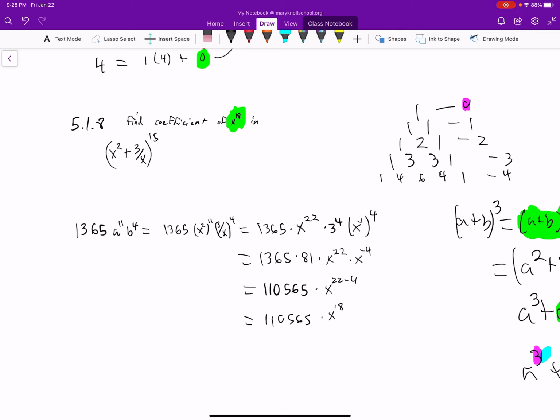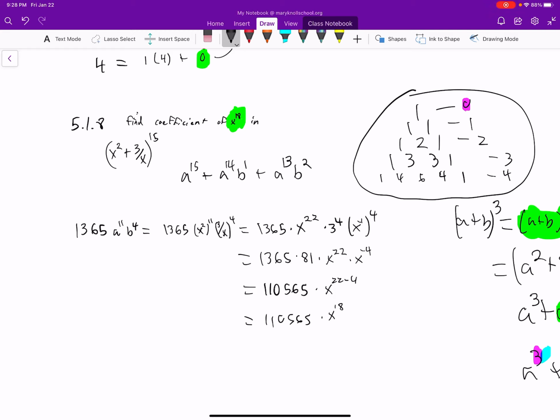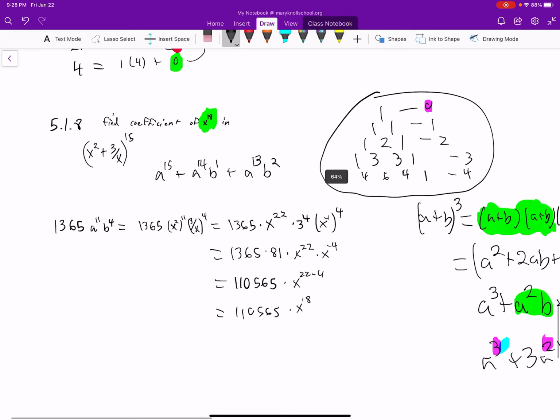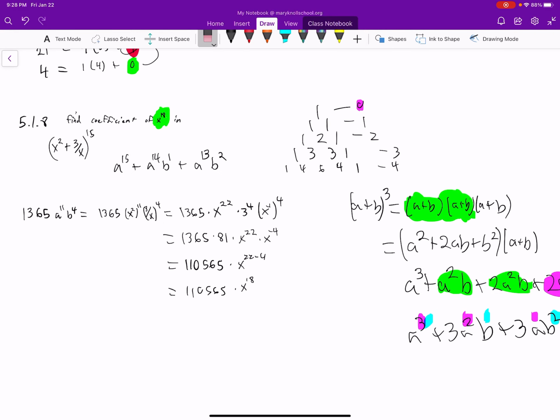So this pattern is going to be, now this is the one that's going to give x to the 18th, but we can make this pattern and say a to the 15th plus, and we don't know the coefficients yet. The coefficients are given to us by this, but let's just put the powers in. That's going to be a to the 14th, b to the 1st, plus a to the 13th, b to the 2nd, and we can keep going, plus a to the 12th, b to the 3rd.